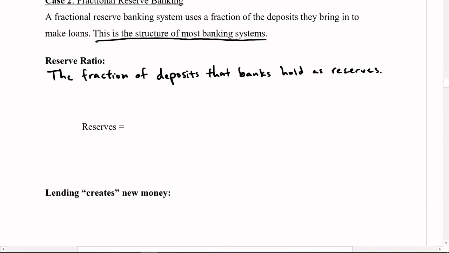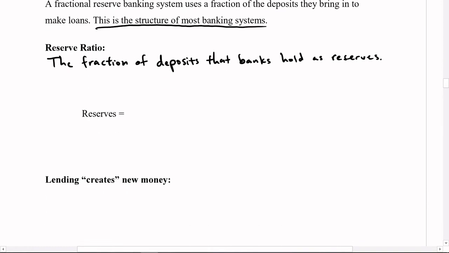For a simple formula here, we have the reserve ratio, or let's say reserve requirement, times deposits.